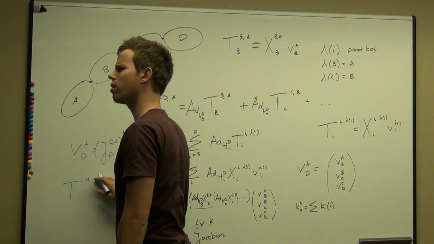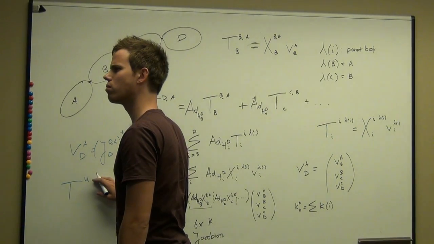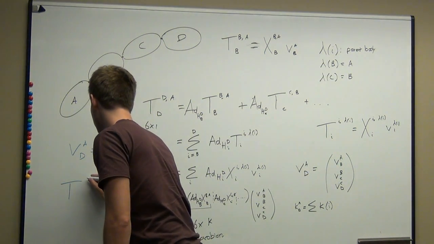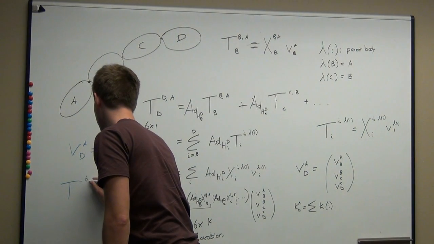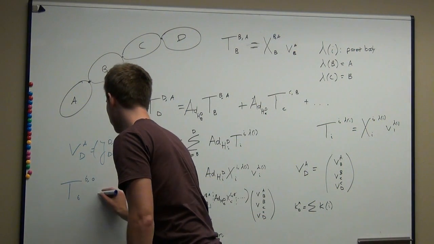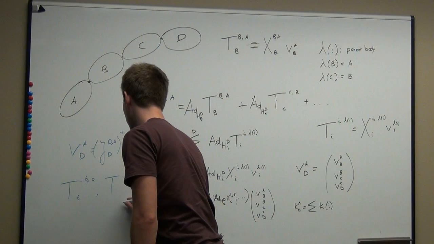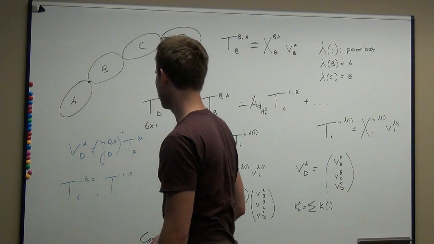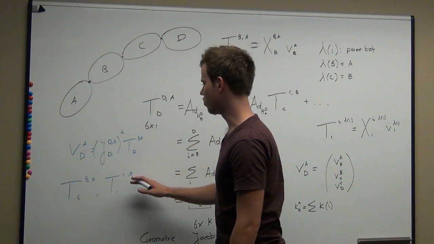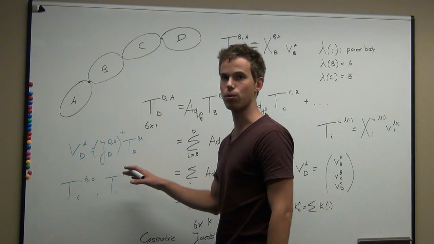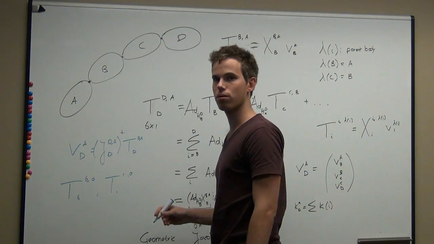Or I think it calculates them in body frame. So T of 6 with respect to 0, and it knows T of 1 with respect to 0 expressed in 1. So by just manipulating the frames in which they are expressed and then subtracting them, you can compute the relative twist.